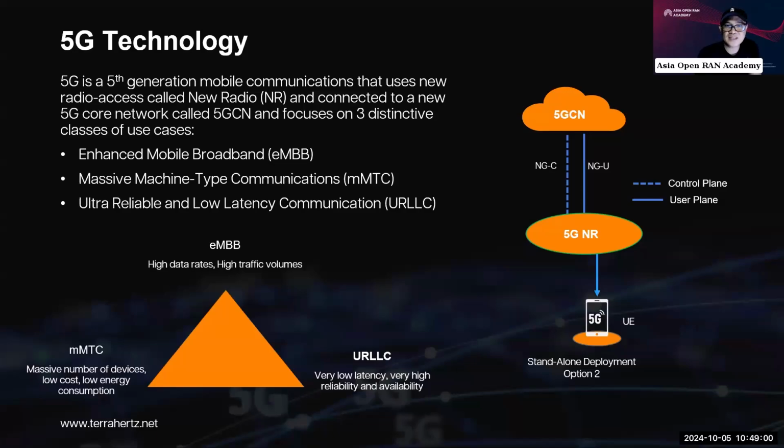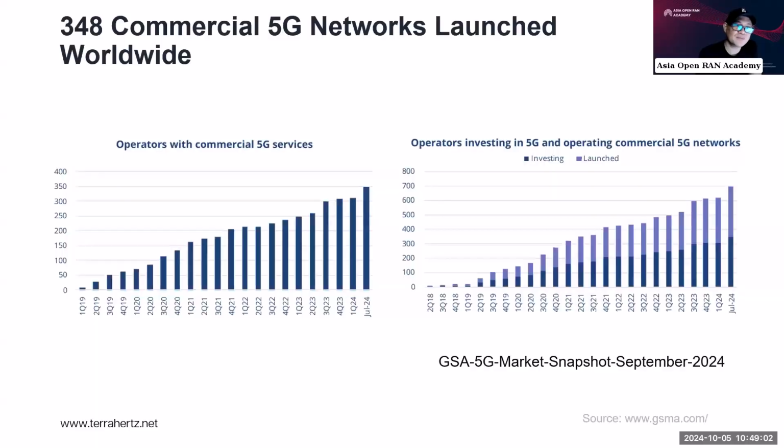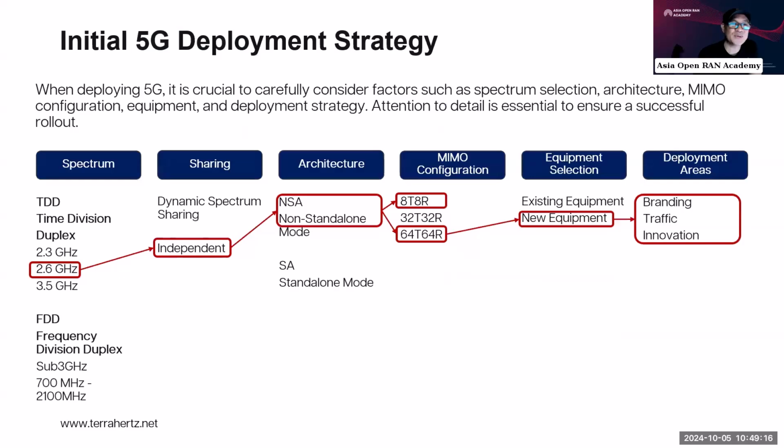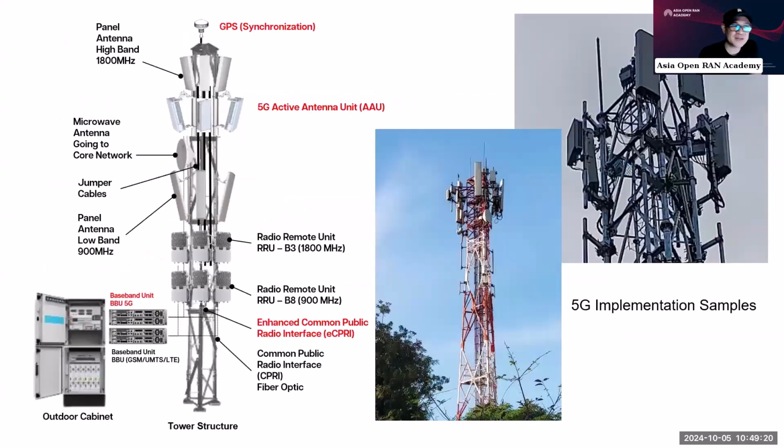Then we looked at the status of 5G in different countries. What are the different statuses of deployment and commercial networks in different parts of the world? Where are they located, and what opportunities are waiting for us? And how do we do the initial deployment of 5G? Of course, we discussed the typical deployment types or solutions that we can see in terms of implementation.